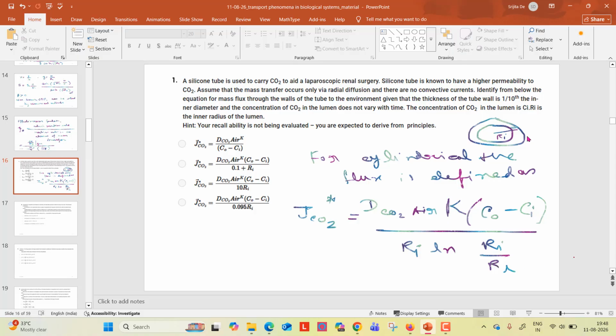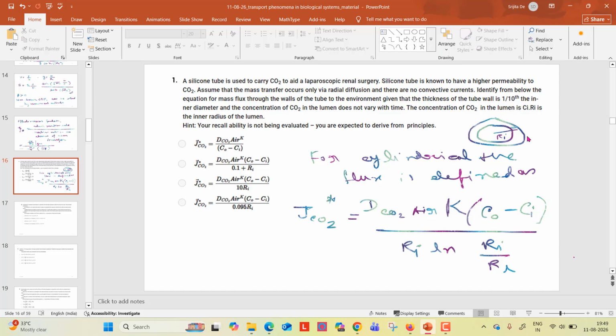If you remember the derivation at the first, it is diffusion for cylindrical coordinates. From there, this expression is coming. I am not doing it. You do it yourself, because the derivation is clearly done in the lecture.